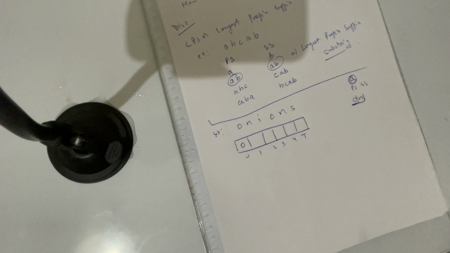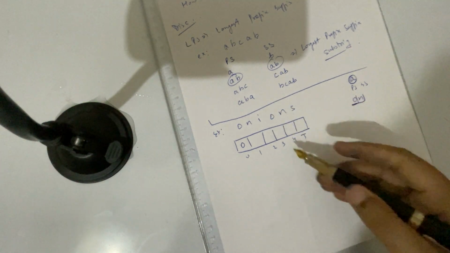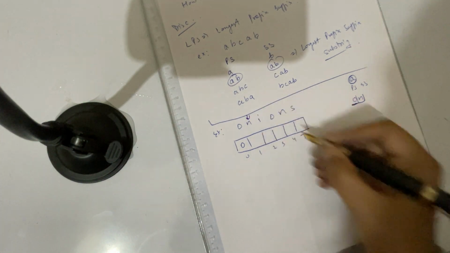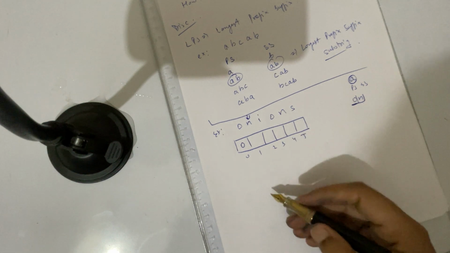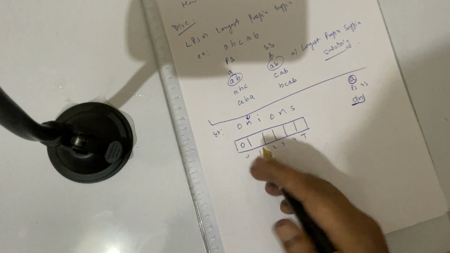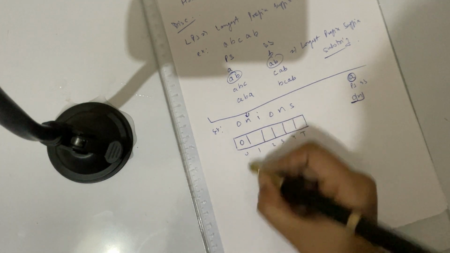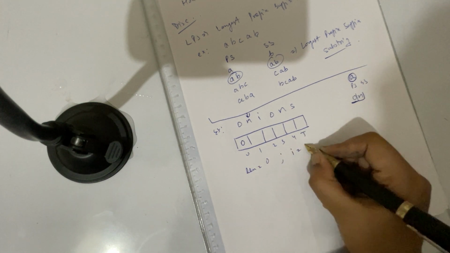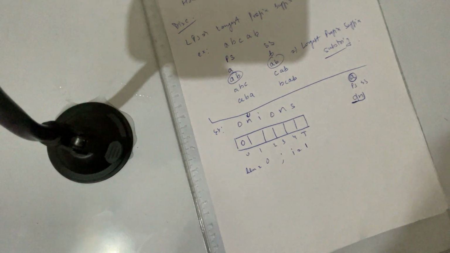So suppose my next character is N. What I'm going to do is compare it. The length of the longest prefix suffix until here is 0 and i is 1 now.